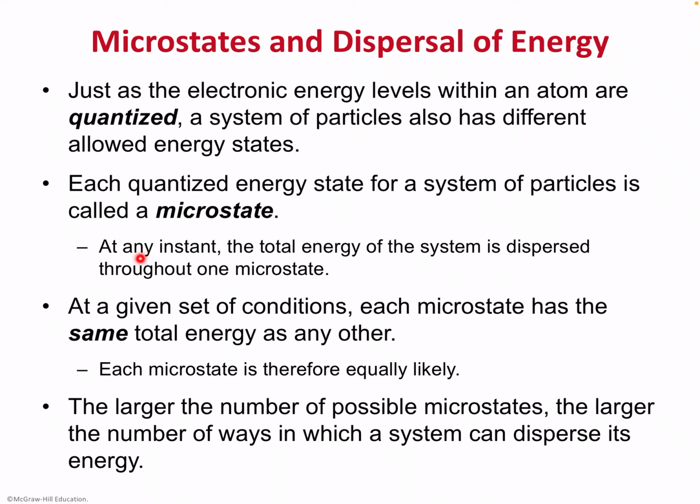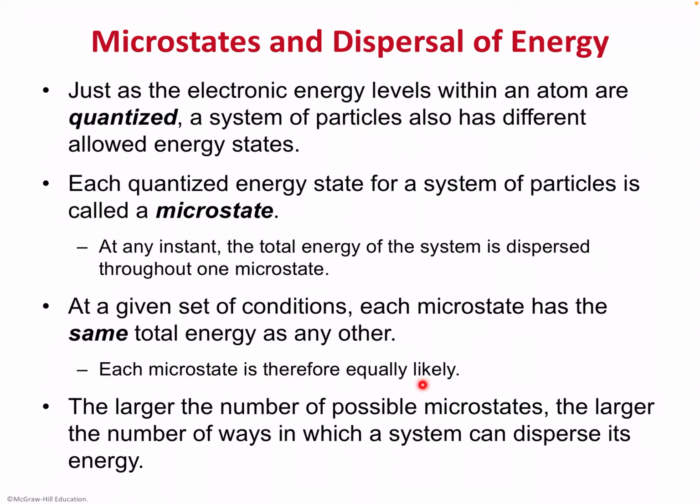Okay, at any instant, the total energy of the system is dispersed throughout one microstate. If you just take one instant, the total energy of the system dispersed throughout one microstate. At a given set of conditions, each microstate has the same total energy as any other. Each microstate is therefore equally likely.